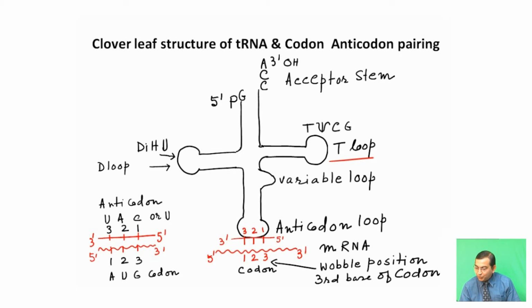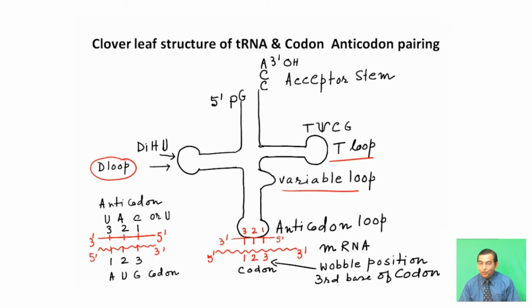Then there is a D loop, which has a dihydrouridine base. Then there is also a variable loop, and there are some rare bases which are inserted into this tRNA during post-transcriptional modifications. So these are some of the rare bases, that is dihydrouridine, T pseudouridine, CG, etc. Now there is one anticodon loop.